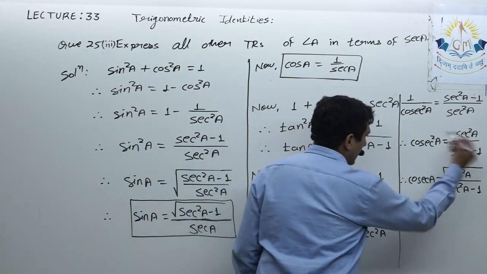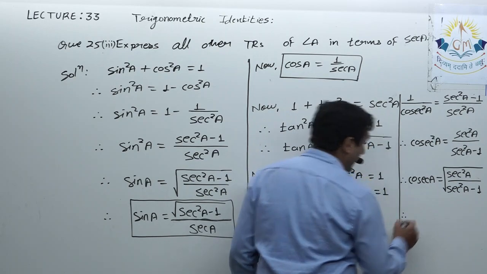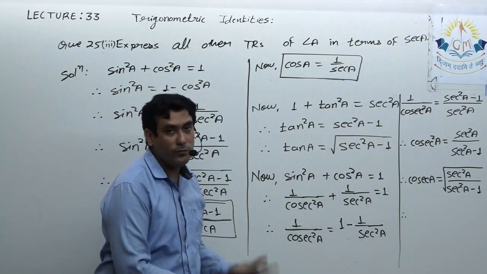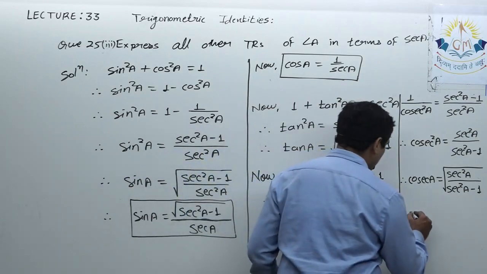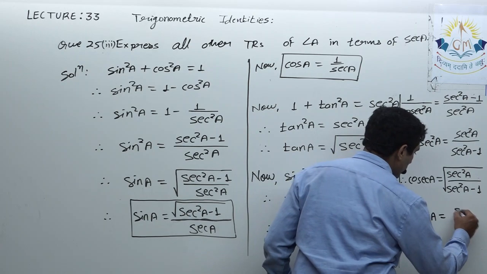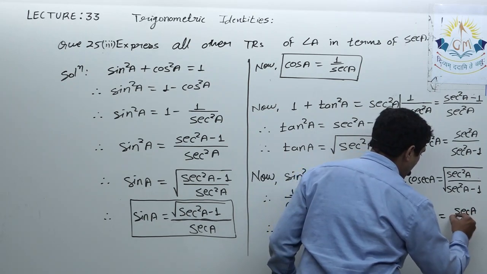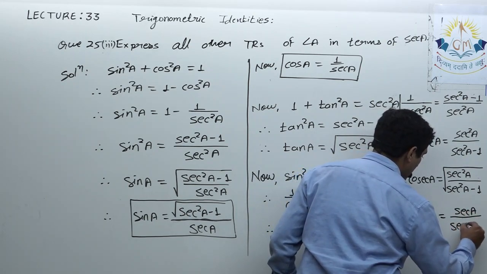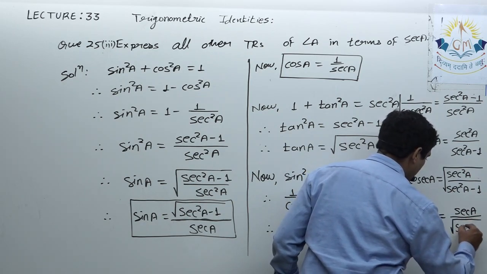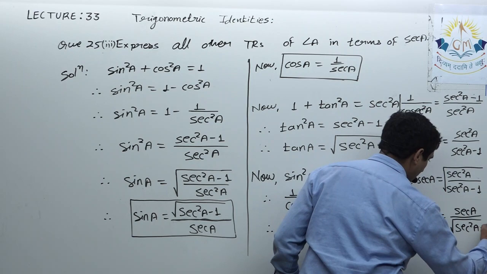Now taking the square root, because ultimately I need to express cosec A in terms of sec A, here is my final answer: cosec A is equal to sec A upon root over sec square A minus 1.